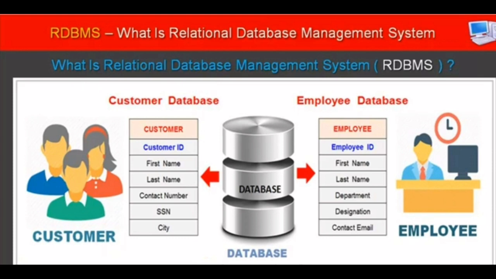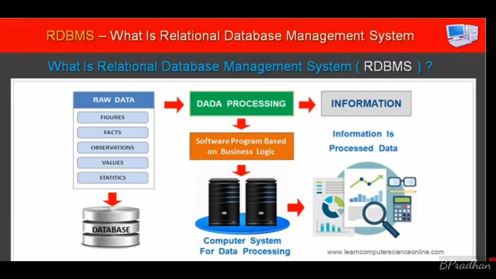So the raw data is processed to form information and that information is used for future reference. All the employee and customer details are stored in a computer system for data processing, and whenever the information is required, it is easily accessible.